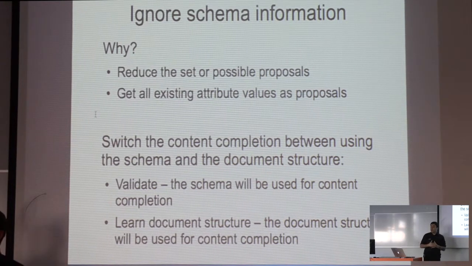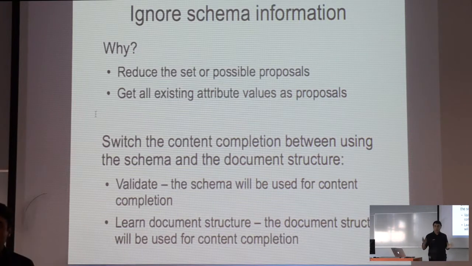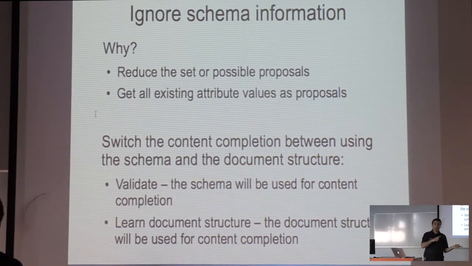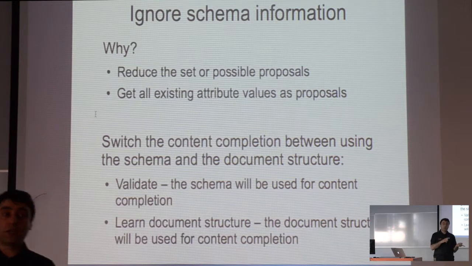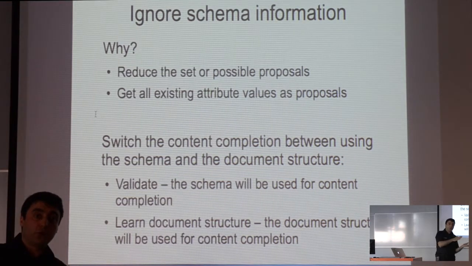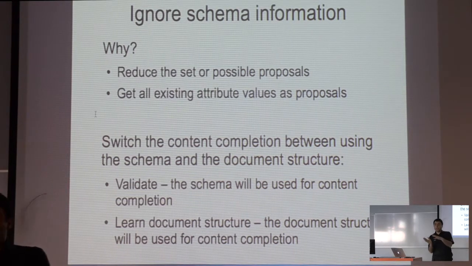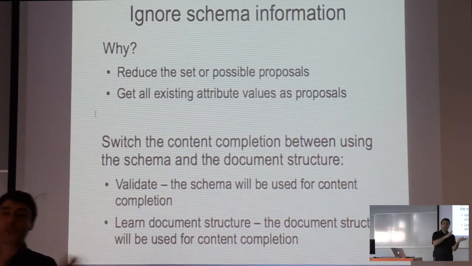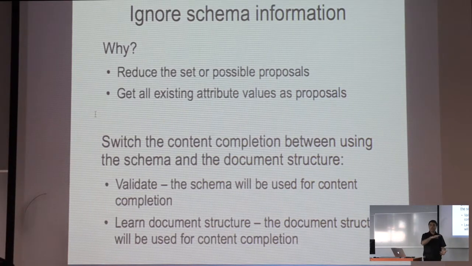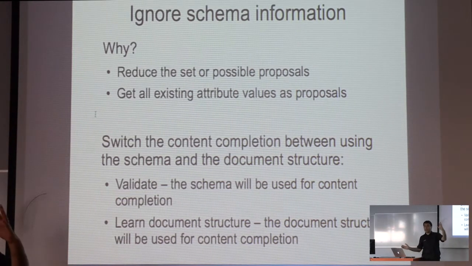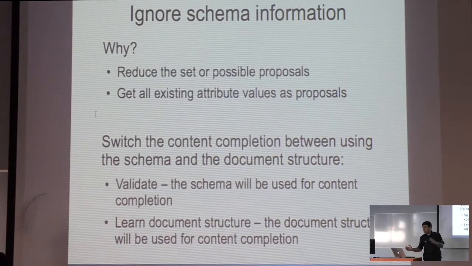And the trick here, the part that is not known and is not visible, is that you can switch between the schema and the learned structure and back. We have this learn document structure action that will get you to the structure of the document, and then when you validate, it gets back to the schema, right? So you can say learn structure, you have the restricted set of proposals, and then you say validate, and you get back to the full set of proposals, right?